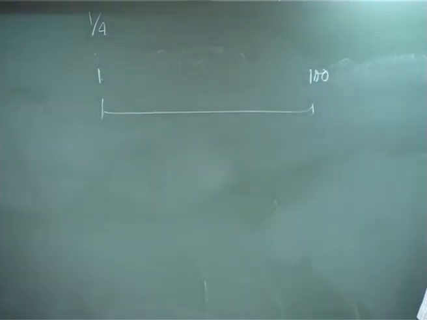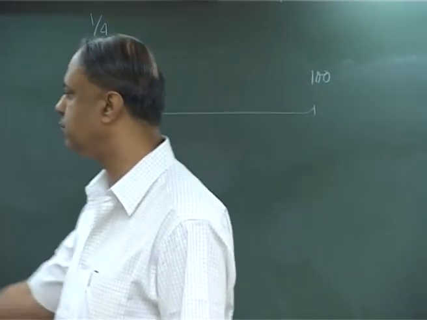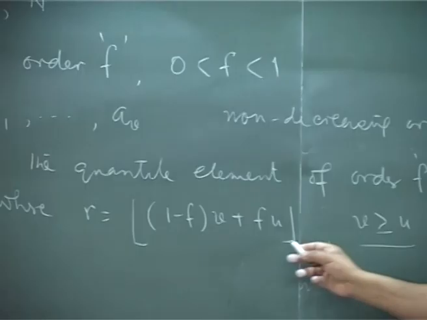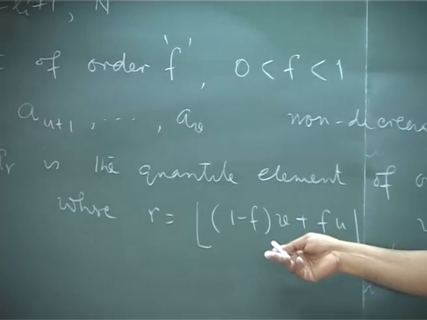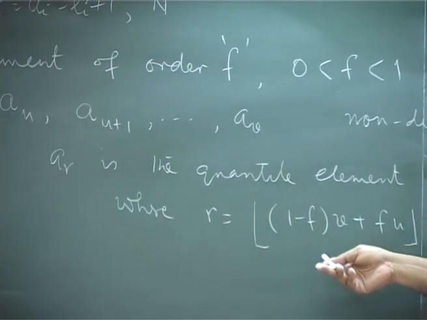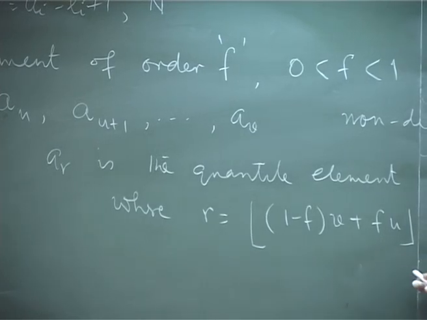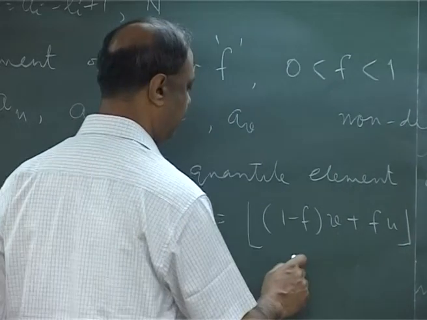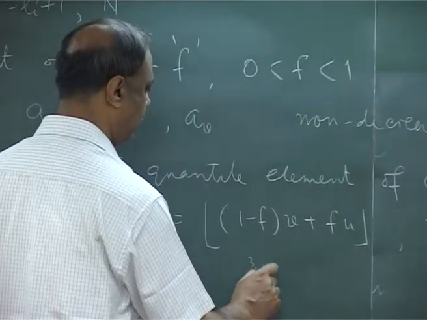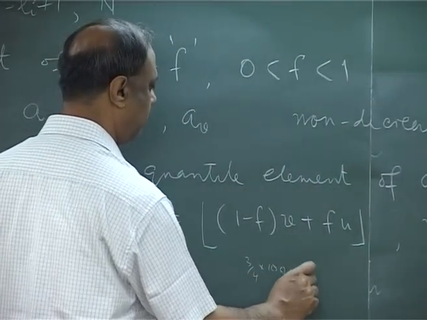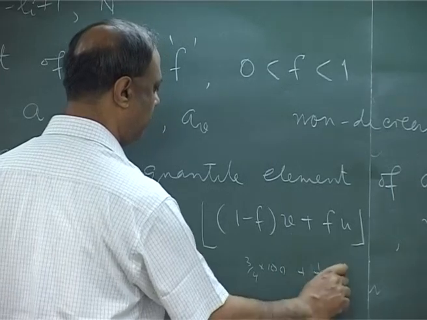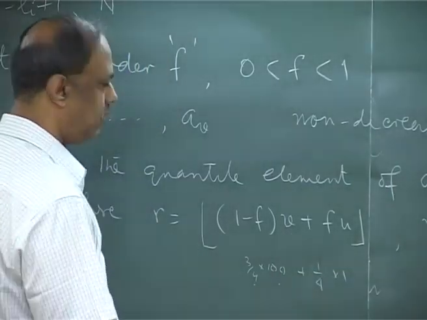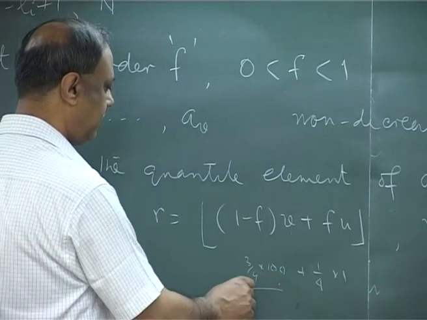F is 1 by 4, so this is 3 by 4 into 100 plus 1 by 4 into 1. So what it tells?